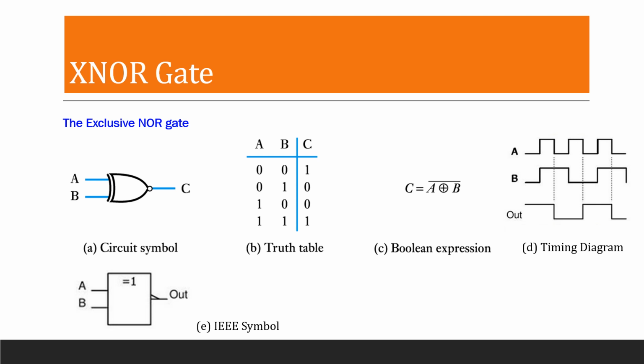The logic expression for representing this XNOR is C is equal to A exclusive OR B the whole complement. When we look into the IEEE symbol of this XNOR, the symbol is same as the XOR with a triangular polarity on the output line, which indicates the complementation of the XOR gate. Okay, that's about the XNOR gate.